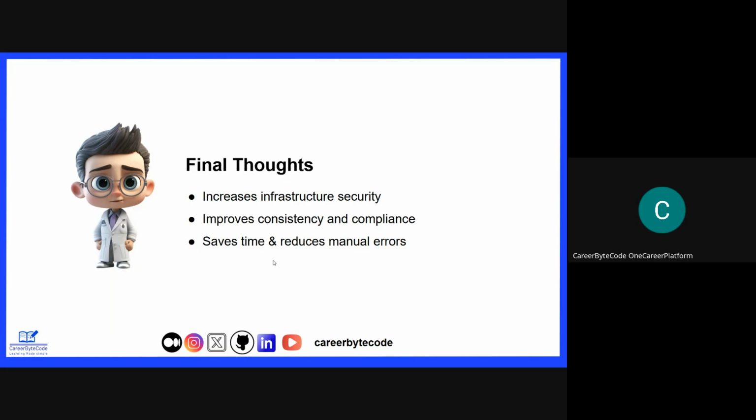And then it is going to keep consistency as well. Let's assume you want to apply it to 100 servers or 50 servers. When you execute this file, the same configuration or security patch will be applied on all the servers. So you can keep consistency, and it is going to save time and reduce manual errors.